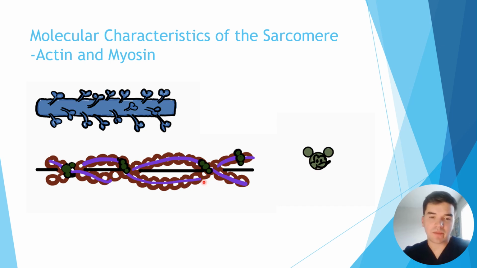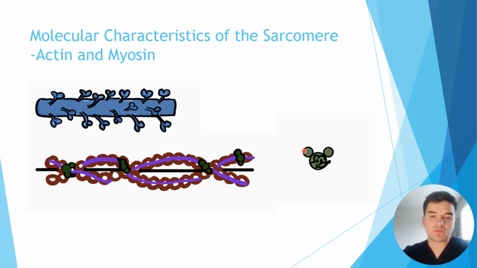Troponin I connects actin to troponin. Troponin C has 4 different calcium sites, 2 of which are high affinity and 2 of which are low affinity. And then troponin T connects actin to tropomyosin, and troponin T and troponin C are very closely related.